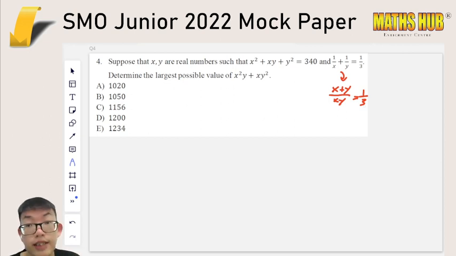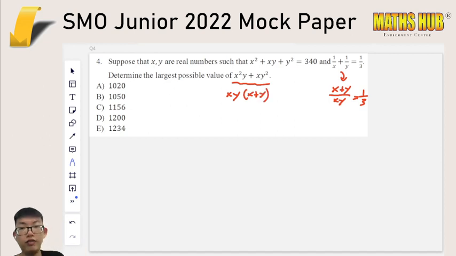You may also realize that the expression we are supposed to find the largest possible value of is xy times x plus y, because xy is a common factor of the two terms. So in a way, xy and x plus y are the two main characters in this problem. Not x and y per se, but their product and sum.